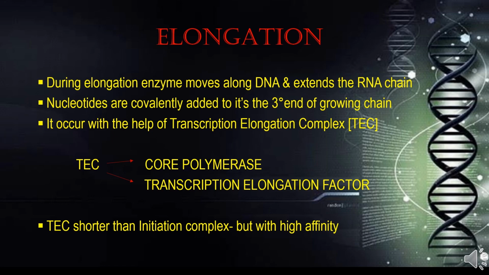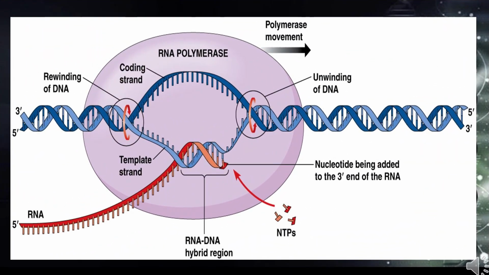This transcription elongation complex consists of core polymerase, and it also contains transcription elongation factors instead of the initiation factor in initiation. The transcription elongation complex is shorter than the initiation complex, but it has high affinity. This picture represents transcription elongation as well as the movement of RNA polymerase.